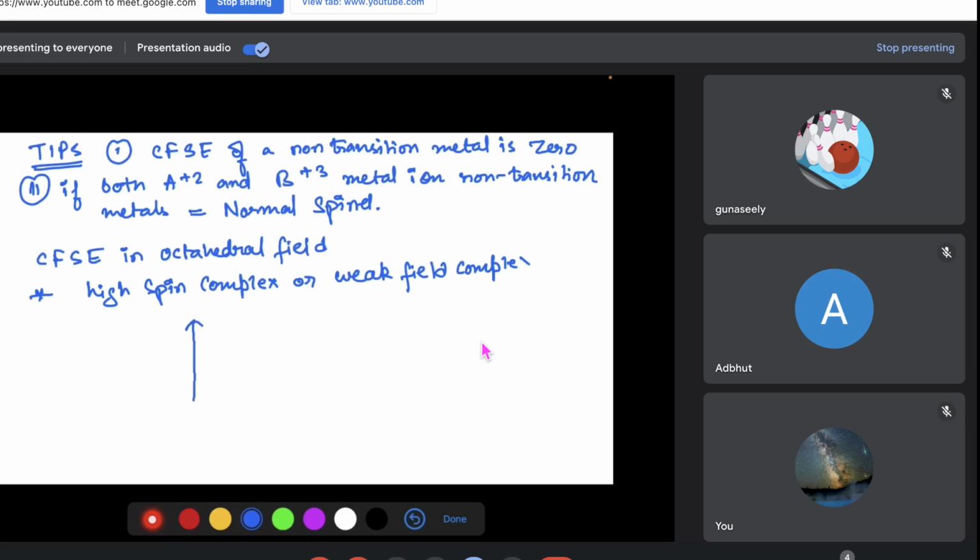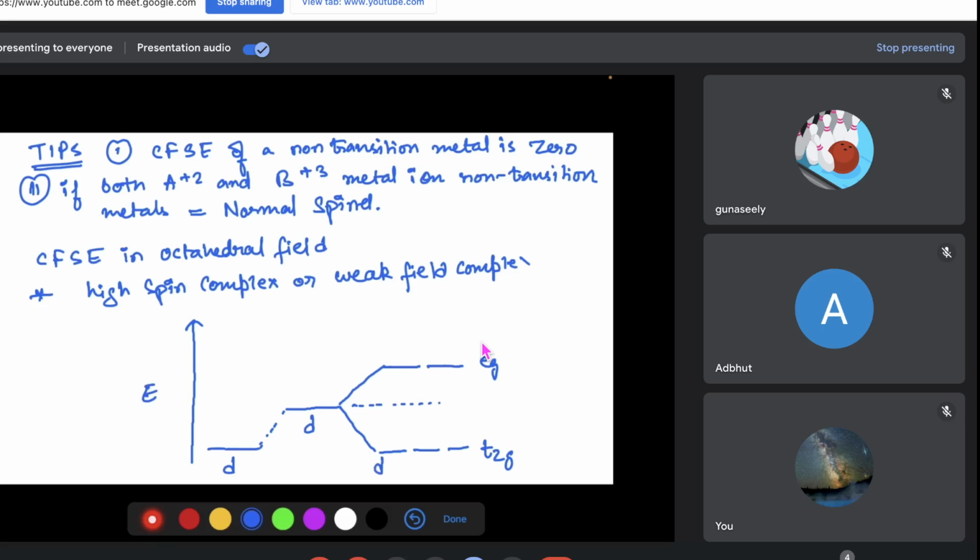So the splitting energy for the d orbital in octahedral field is like this. This is eg, this is t2g, this is the d orbital, this is my energy.